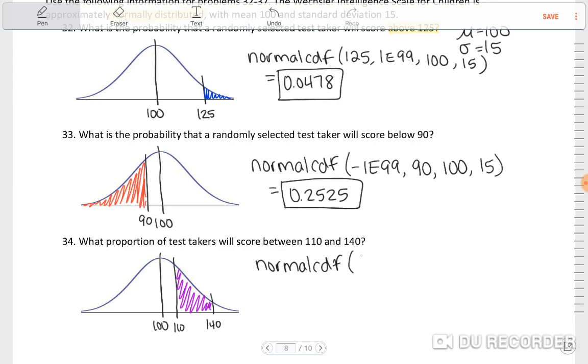My minimum x is going to be that 110. My maximum, 140. Mean is 100. Standard deviation, 15. That answer is 0.2487. You could also write it as a percentage if you wanted to. For any of these, you could.